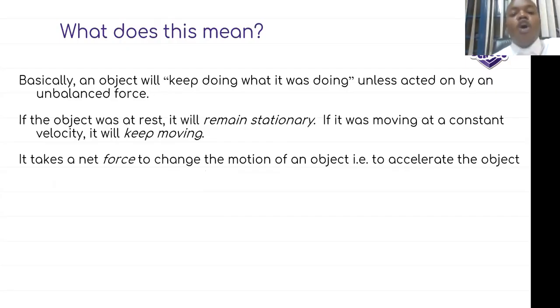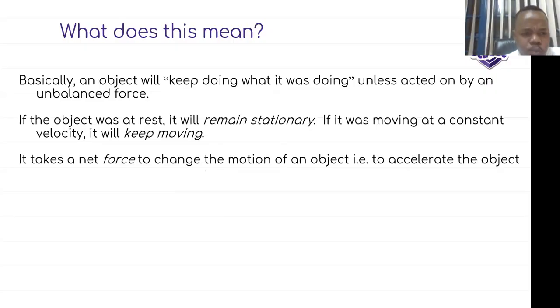Basically, an object will keep doing what it was doing unless acted on by an unbalanced force. Now, what is this unbalanced force? This unbalanced force is this net force that we are talking about. It is this non-zero net force that we are talking about.